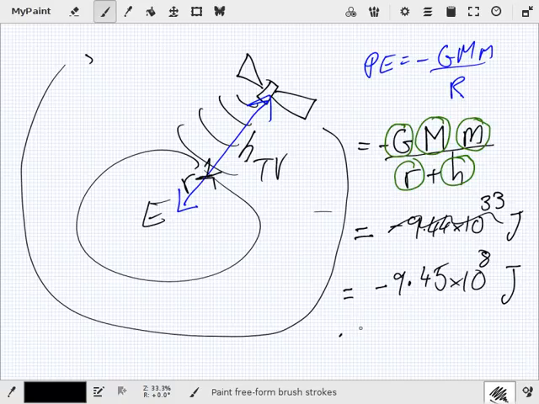So that's roughly minus 1 gigajoule. Roughly.